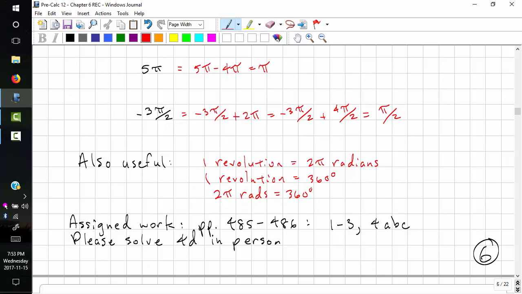When you're converting, use this in fraction form. That way you can cancel properly. So what I mean is you would use 1 rev over 2 pi radians and then cancel out as needed. Or you flip it around. You can use it however you like. 1 rev over 2 pi or 2 pi over 1 rev. Same with these. And that completes this lesson.